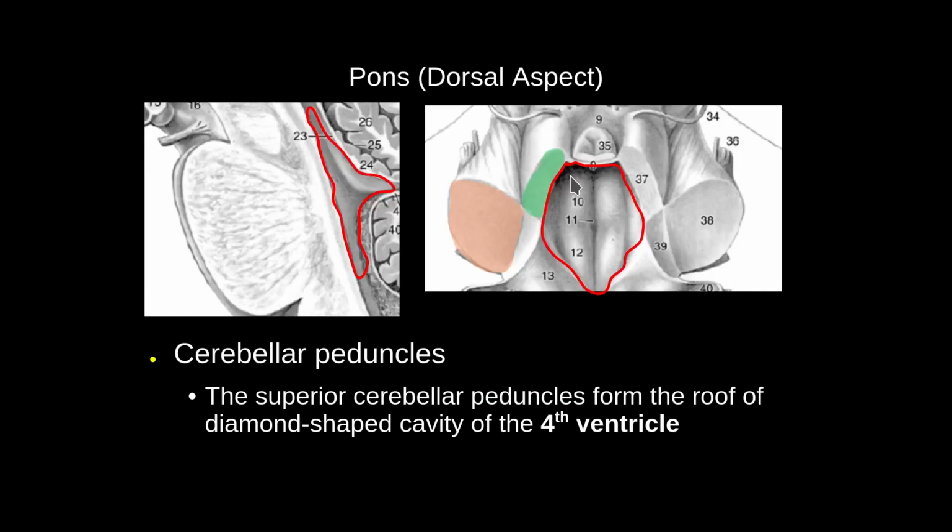Right? So by their mere presence, those peduncles form a kind of roof over the brainstem, together with the cerebellum itself, to enclose a cavity there for cerebrospinal fluid, the fourth ventricle.